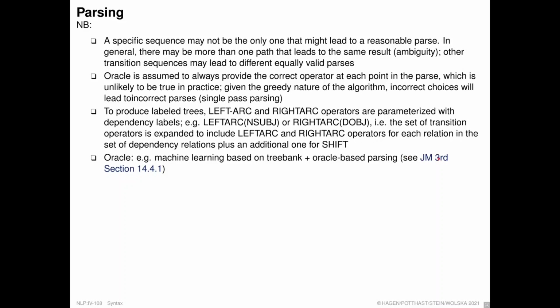One example of training an oracle, actually what you will need for the exercise, is in the Jurafsky-Martin book, edition 3, in section 14.4.1. But there are also other approaches, so you might explore other oracle-based approaches. A baseline approach could select a random operation, for instance. This probably will not perform very well, but you can think about other ways of building an oracle.